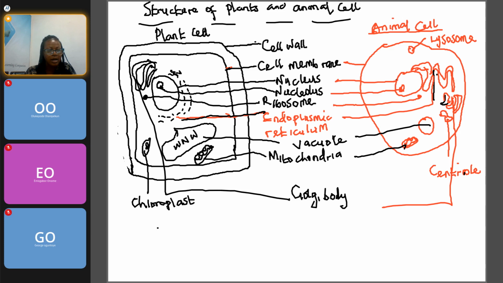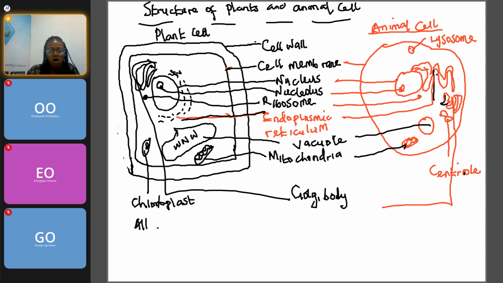I'm going to wipe off the board now so we can move into the key difference. Now, there's something we call observable features. Looking at these cells, you can see the components that are present.